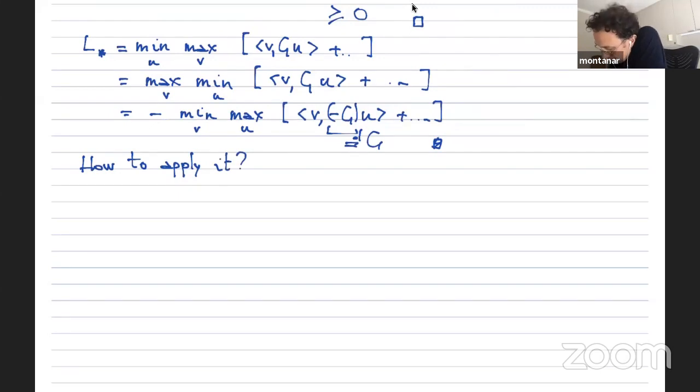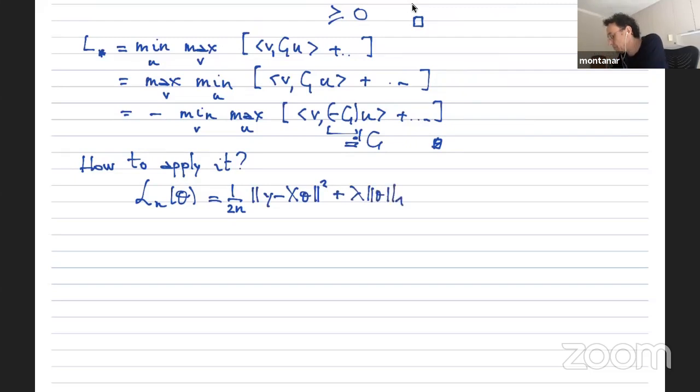Okay, the basic idea is, if you remember, in the lasso I wanted to do a sparse regression, and my cost function looked like 1 over 2n, and then there is y minus x theta squared plus lambda times the l1 norm of theta.